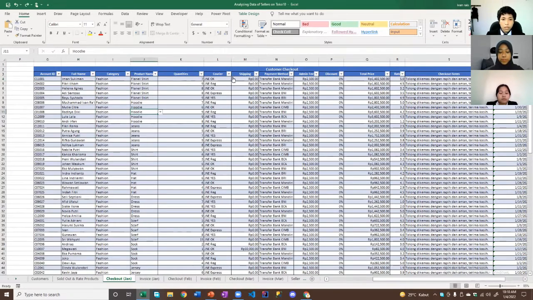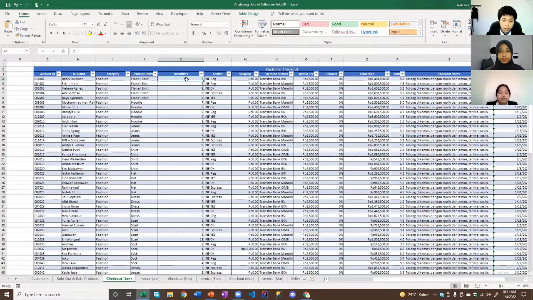In the courier and payment method columns, there's a drop-down list, and the customer can choose what they want. In the shipping column, the value will change from 0 to 10,000 if the value in quantities is 1.